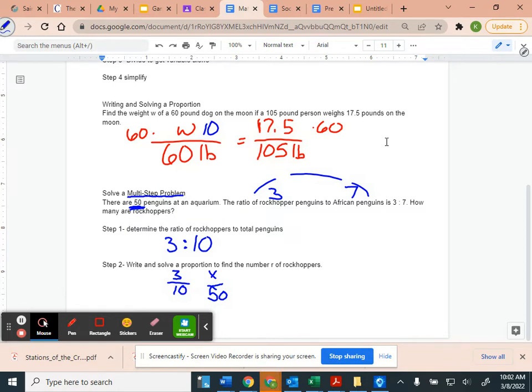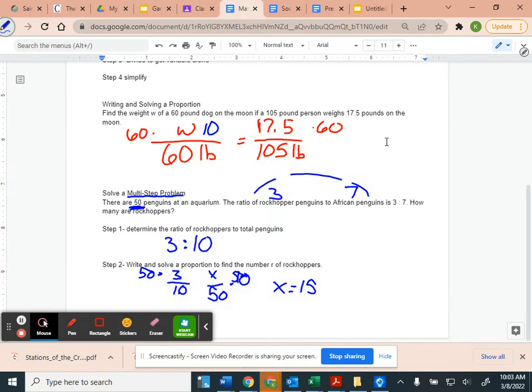So it's taking the information that they give you and learning how to set up that proportion. Tristan? Yeah, because I want to multiply by 50. So 50 times 3 is 150. 150 divided by 10. There will be 15 rockhoppers out of 50 penguins.